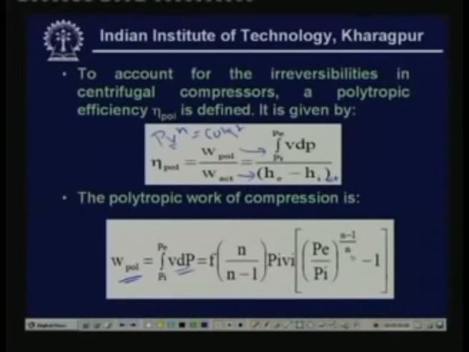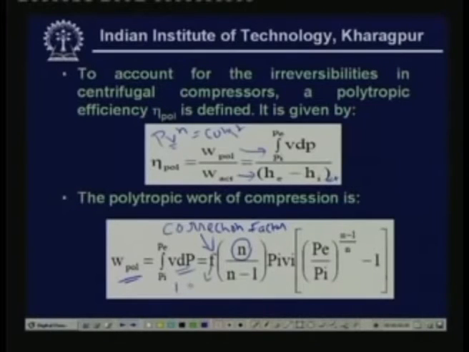Now let me explain the terms. This F is a correction factor. It takes care of the variation of the index n during the compression. And this factor is actually negligible.